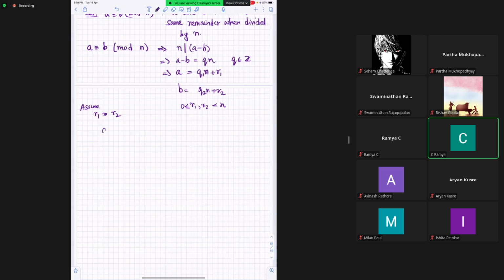So you look at A minus B, then you can play around with A minus B from these two expressions, and by some series of arithmetic, you get this. In other words, n divides R1 minus R2, so it has to be that R1 equals R2.